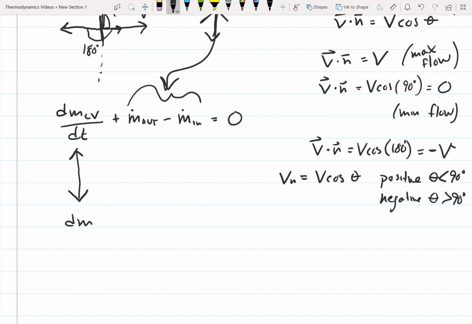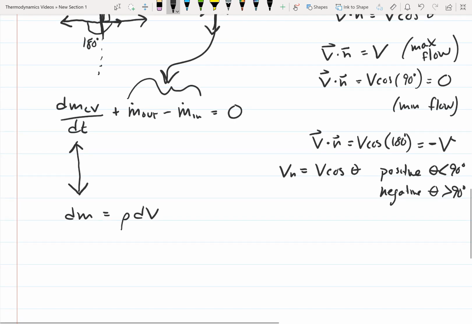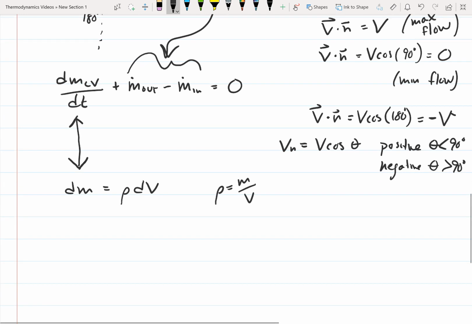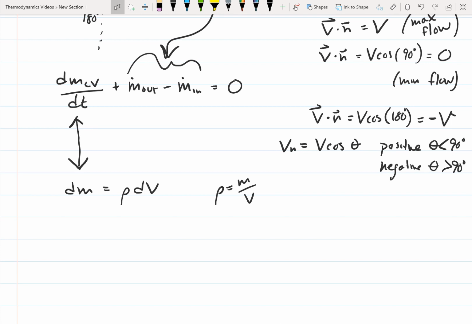The differential amount of mass in the control volume is equal to rho dV. Remember, this is because the density is equal to mass over volume. And so we can sum up all of the mass in the control volume by integrating over the control volume.